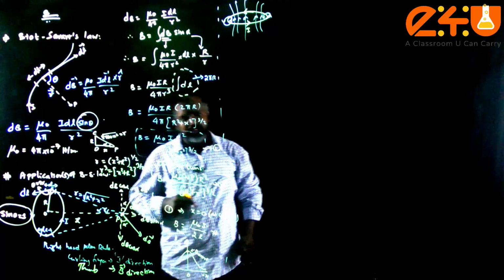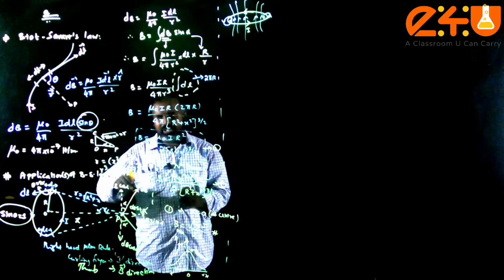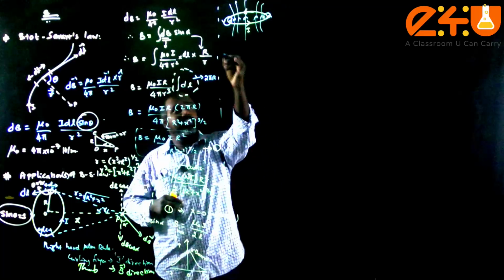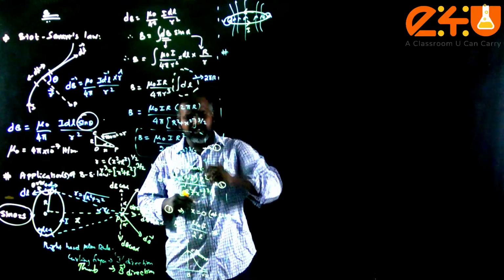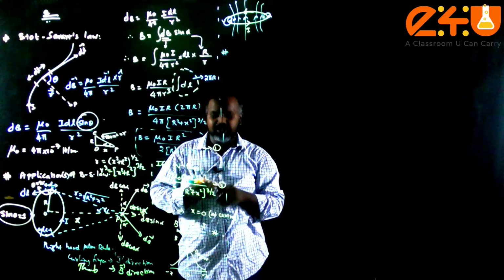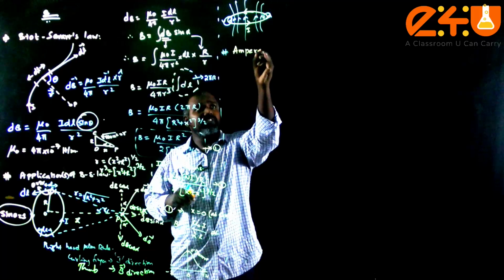So this is the information about the magnetic field due to a circular coil, which is one of the applications of Biot Savart's law. The next topic we are going to discuss is another important concept, like Gauss law in electrostatics. That is nothing but Ampere's circuital law.